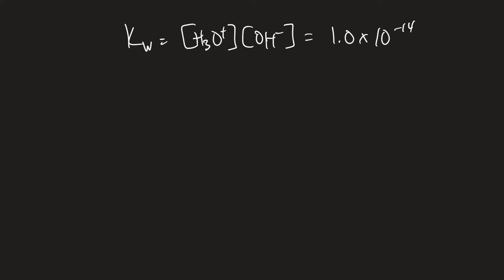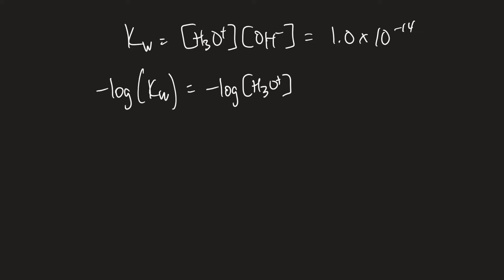If we were to take the negative log of everything, the negative log of Kw equals the negative log of the concentration of hydronium plus the negative log of the concentration of hydroxide. So the negative log of the concentration of hydronium is essentially pH.